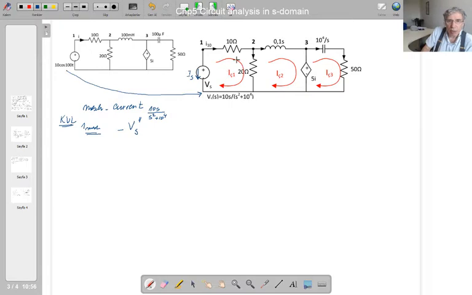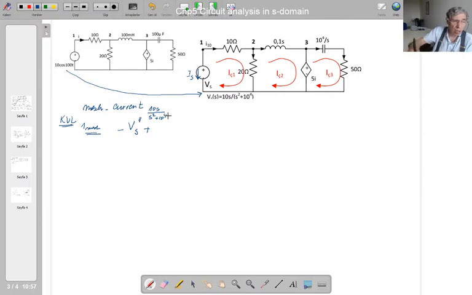The second element in this mesh, let's say, is this 10 ohm resistor. So we're going to write this 10 ohm resistor voltage here. The sign is going to be positive because the direction here and the mesh direction are the same. So plus V10. I am not writing V10 here because I would like to write the final mesh equations without following the steps, because we have followed all these steps in time domain resistive circuits and in frequency domain.